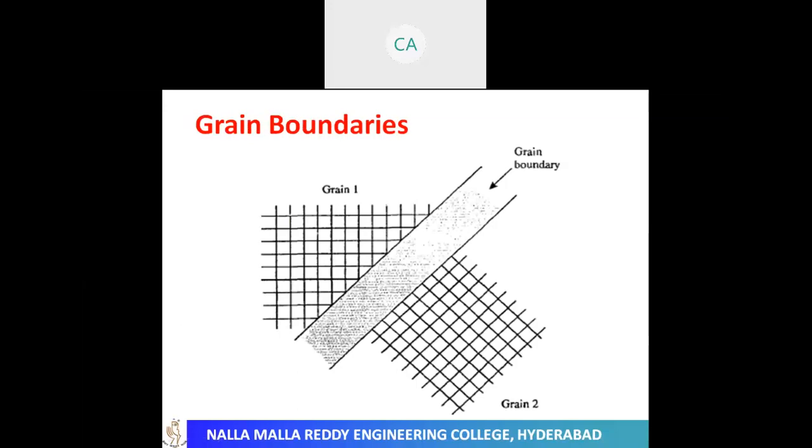Let's deal with the grain boundaries. Grain boundaries are those regions which separate crystals of different orientations. A grain boundary is formed when two adjoining growing crystals meet at their surfaces.